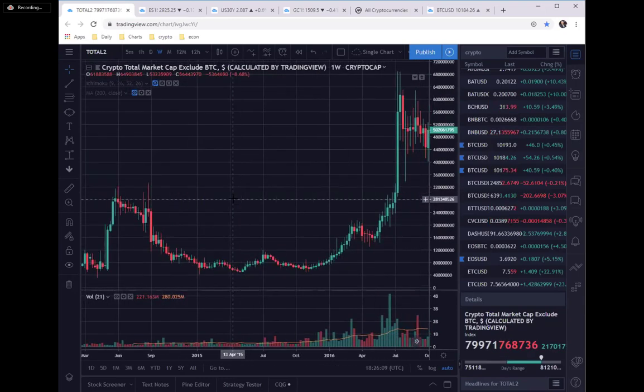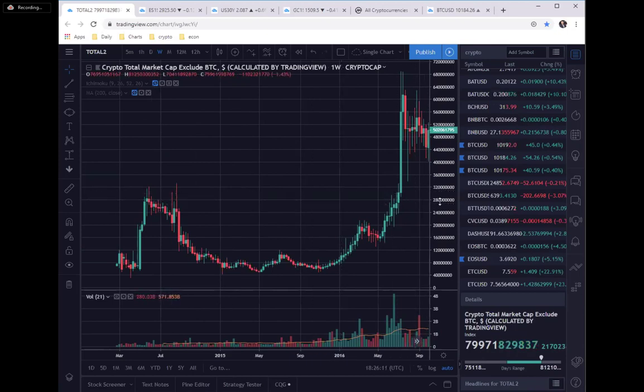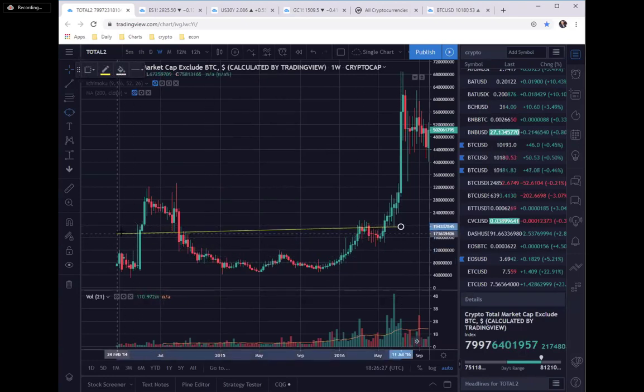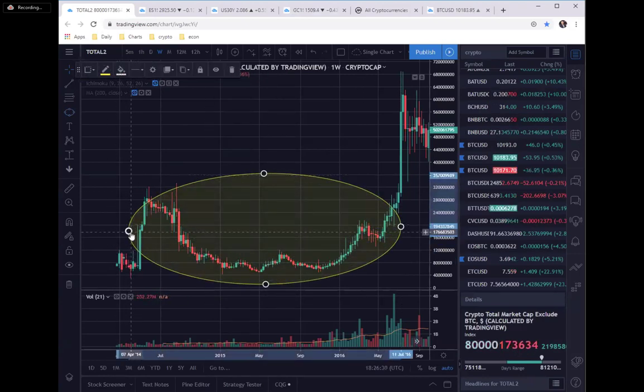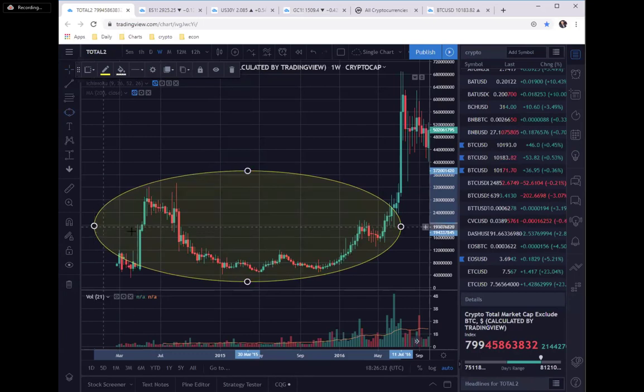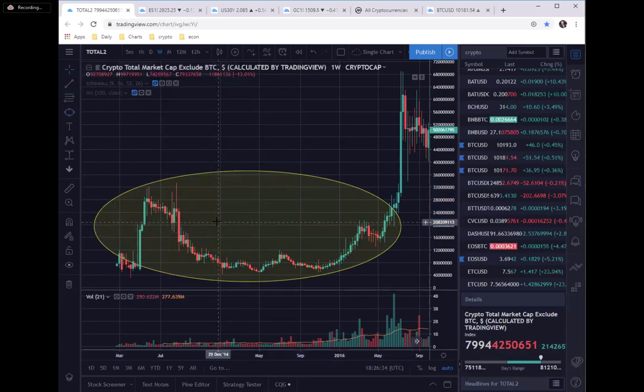So the market caps are obviously growing, so the cyclical charts aren't going to be the same as price action charts. You see the early days there, the market cap's a lot lower because the entire crypto market was just newer. There wasn't much here, most of this was Ethereum and then Ripple and maybe a couple others.